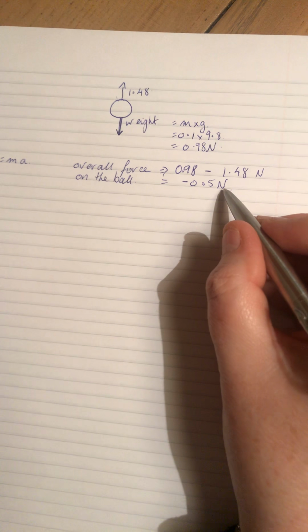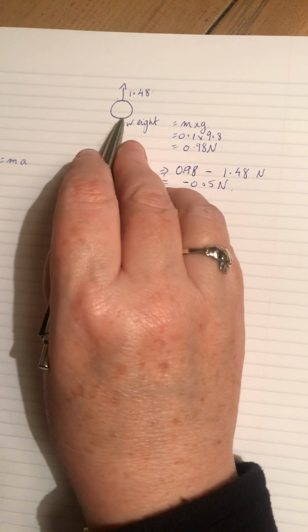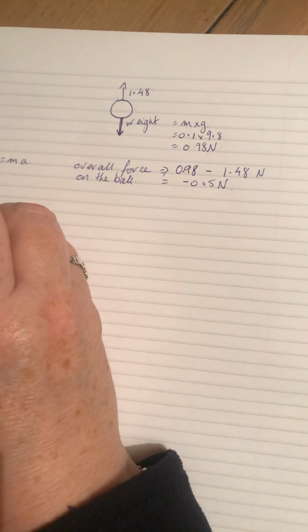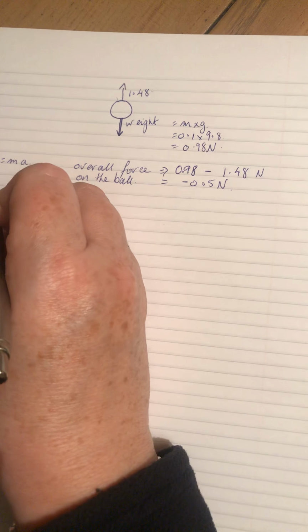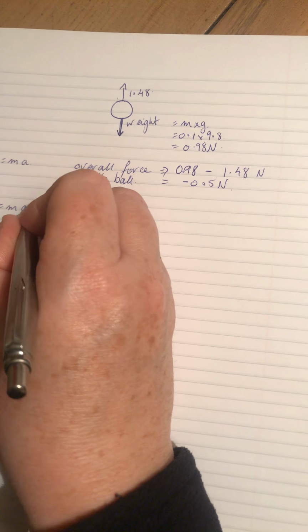we can use that to find out the acceleration of the ball when it hits the ground. Now we know that it starts off, the acceleration due to gravity is 9.8 meters per second squared, but that's not going to be its acceleration when it hits the ground, because it's got a mass which changes it. So I can say that again, force is equal to mass times acceleration.